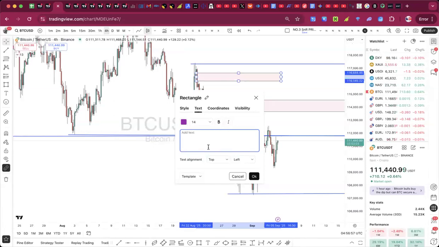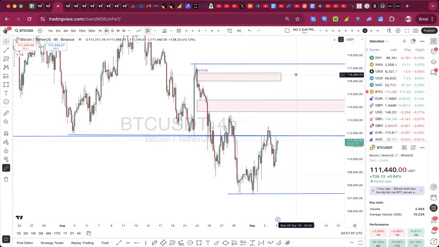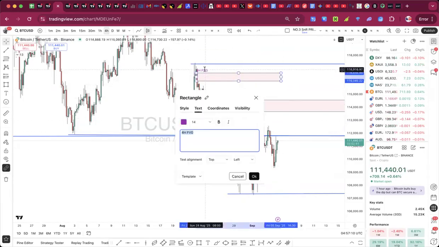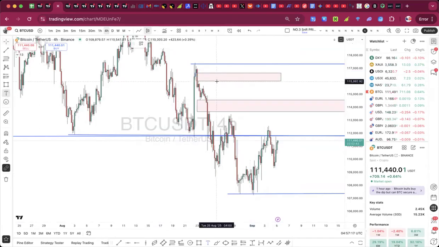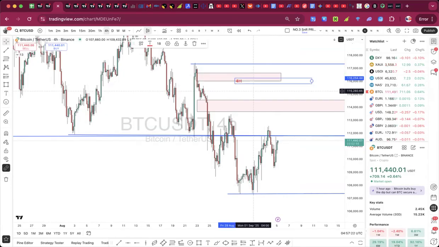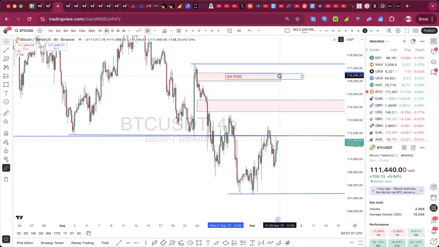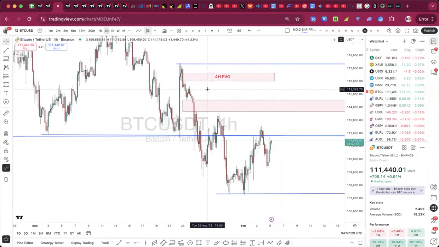Label it, FEG, or HFEG. Okay, so that's another area that will totally sweep the liquidity.